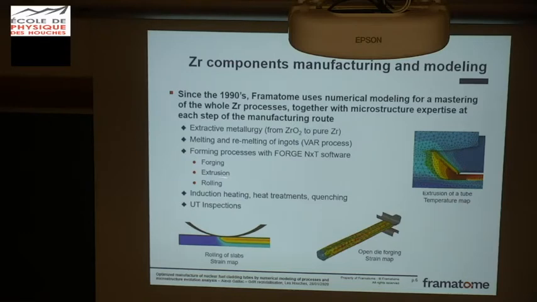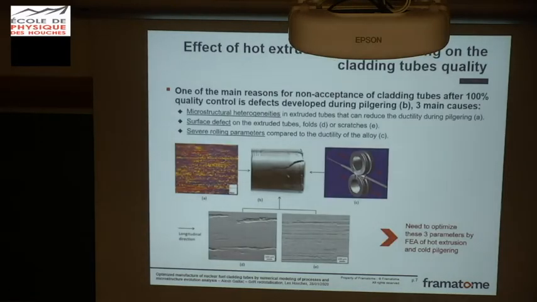Then we have to manufacture ingots thanks to the VAR process, and forming processes with forging, extrusion, rolling. So we run computations for this with the Forge NXT software. And we also have models for induction heating, heat treatments, and quenching, and also for some inspections of the final products.